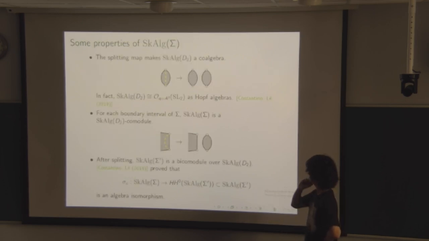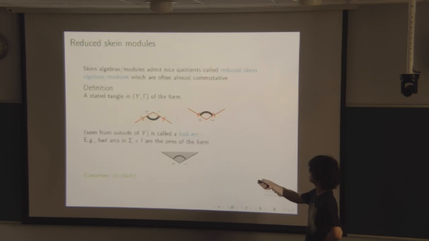Even so, we can further simplify the skein algebras and modules by taking some nice quotients called reduced skein algebras and modules, which sometimes become almost commutative.